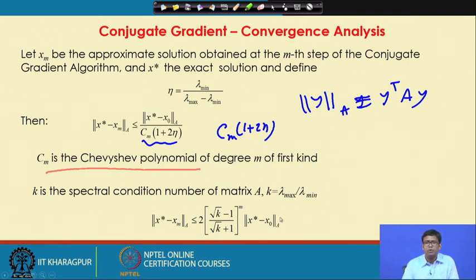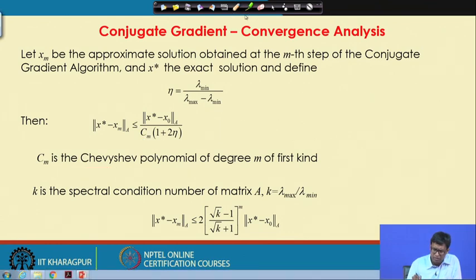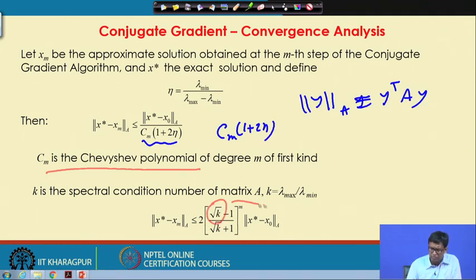So, convergence remains a function of the root of the spectral condition number, and the smaller this number is, the faster it will converge.